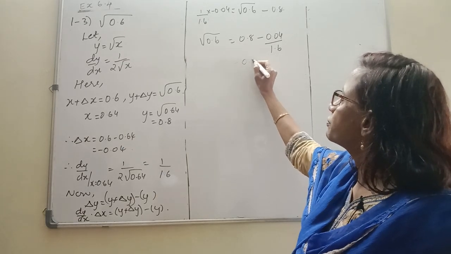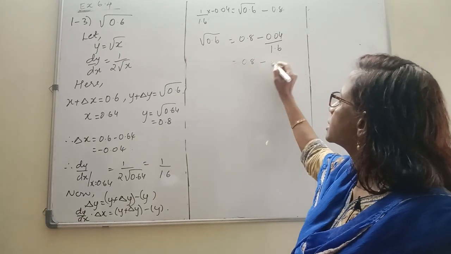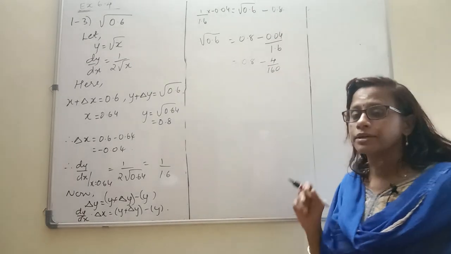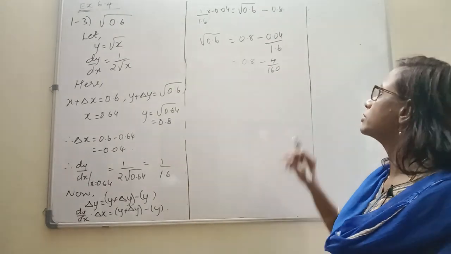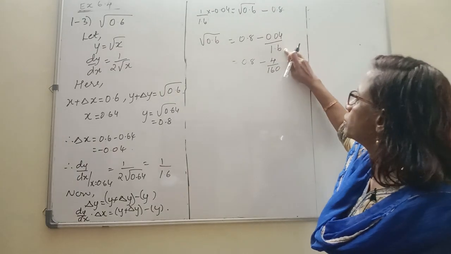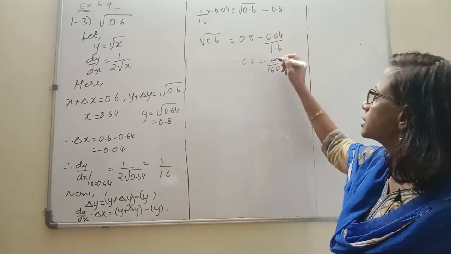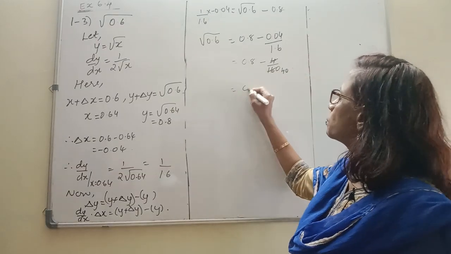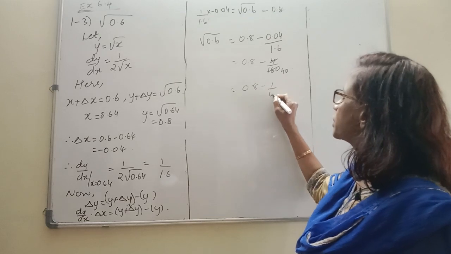So this can be simplified as 0.8 minus 4 by 160. Why? Because we have multiplied by 100 both in the numerator and the denominator. So when we multiplied by 100 in the numerator and denominator, this became 4, but this became 160. Now this can be further simplified, 1 by 40. So 0.8 minus 1 by 40.